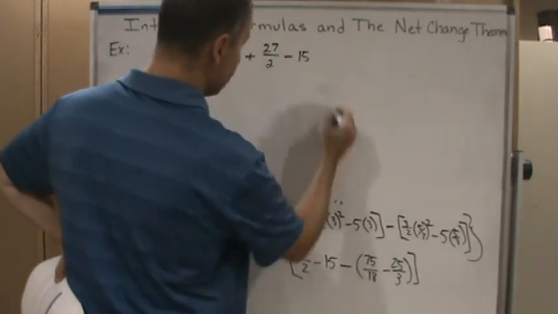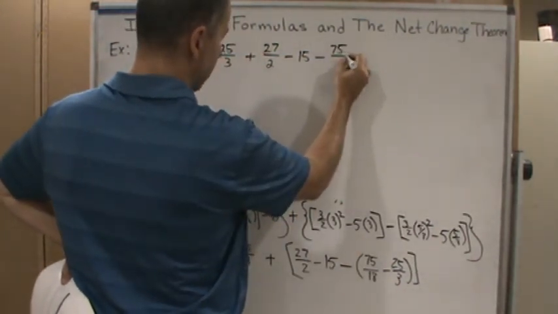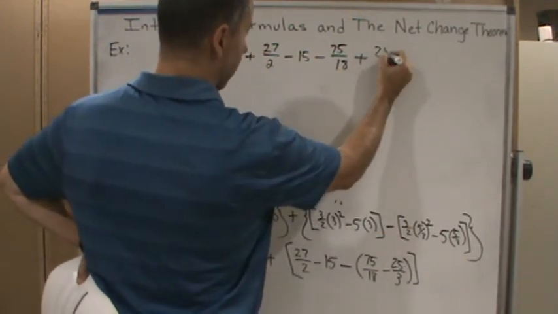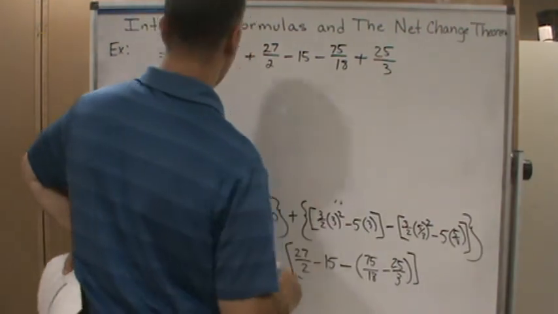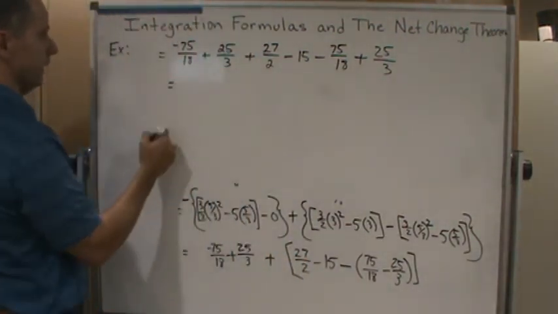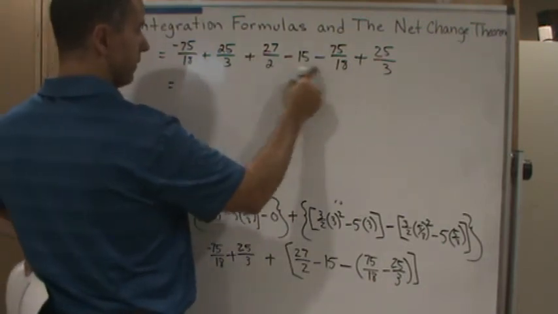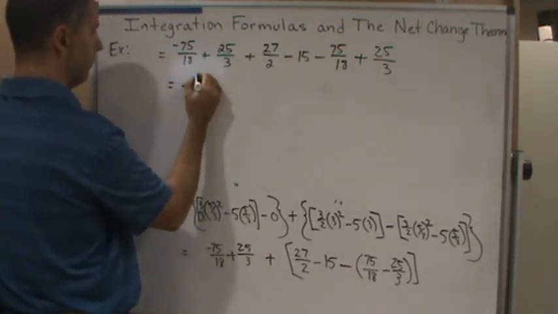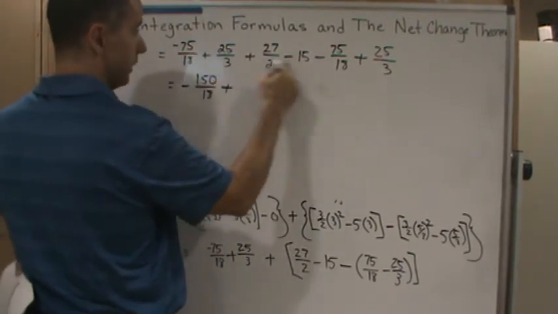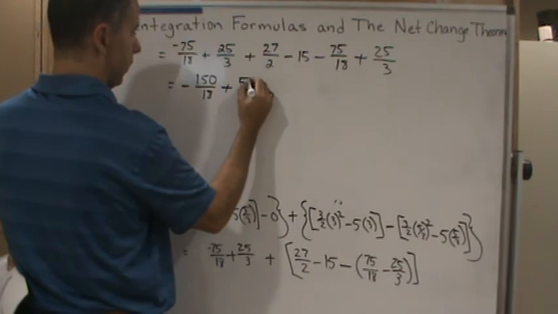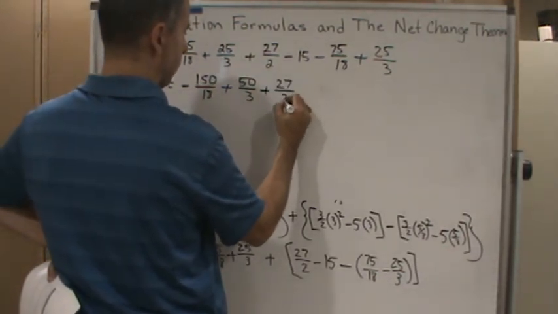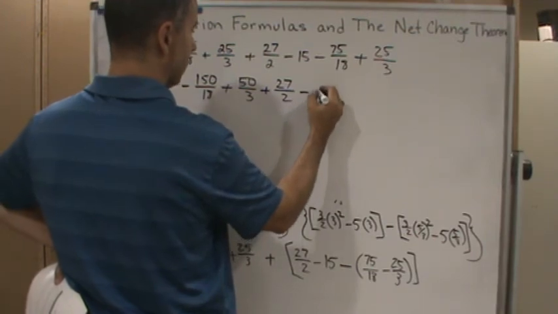So it's going to be minus 75 over 18 plus 25 over 3. Okay. So now, look at this. So I've got this and this, so this is going to be doubled. So this is going to be negative 150 over 18. Plus, this is going to be doubled, so this will be 50 over 3 plus 27 halves minus 15.